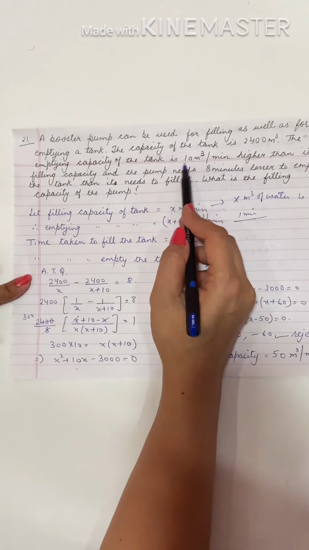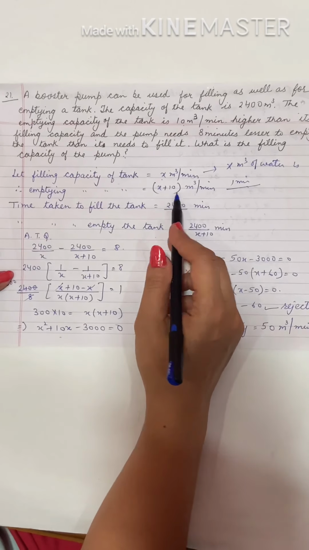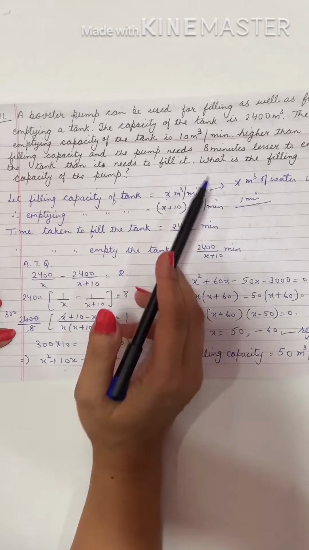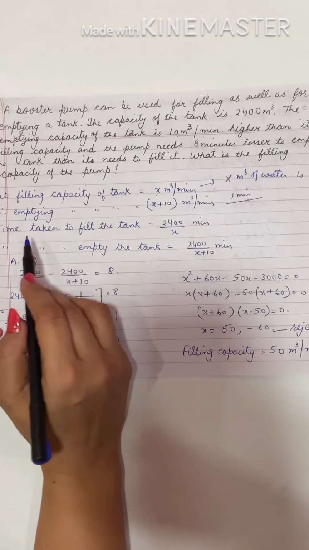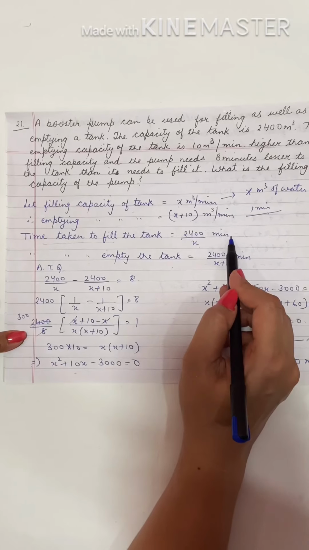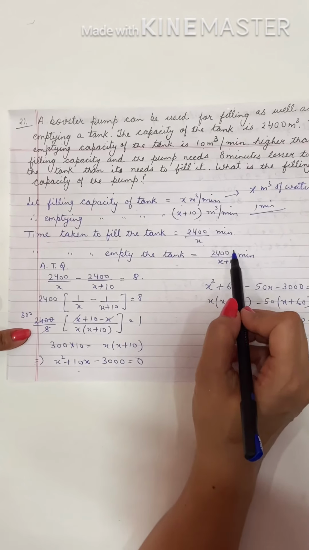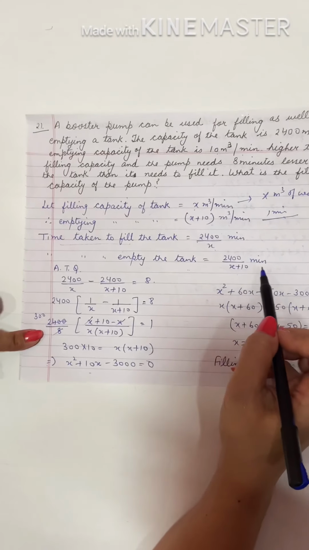It is given that it is 10 cubic meter per minute higher, so it is x plus 10. Now the capacity of the tank is 2400 cubic meter. So the time taken to fill the tank will be 2400 upon x minutes. And similarly, the time taken to empty the tank will be 2400 upon x plus 10 minutes.